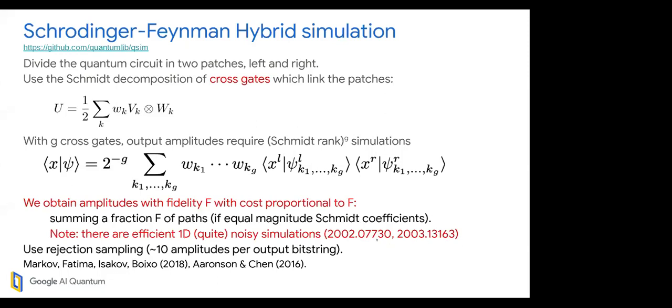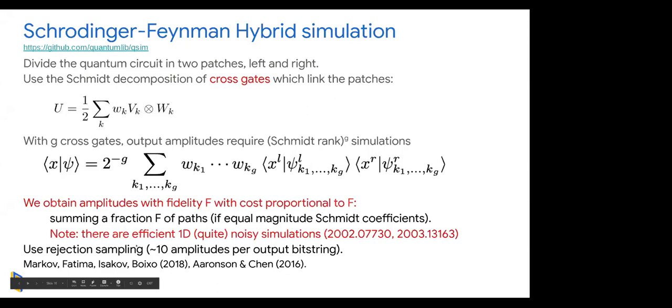But something that has happened in recent months is that there are now papers that have shown that in 1D, you can do matrix product state simulations polynomially efficiently, as long as the fidelity of the Control-C gates is not higher than 99%.